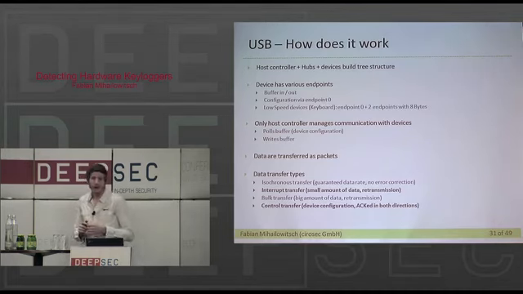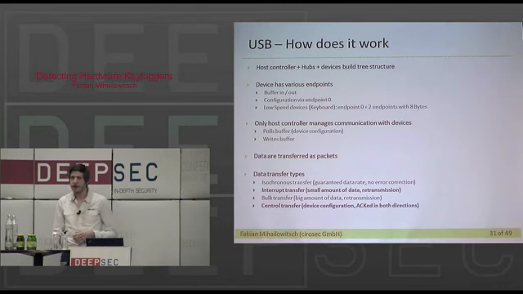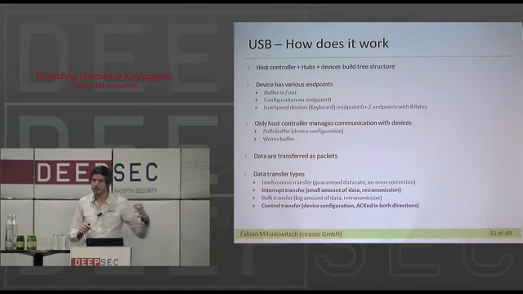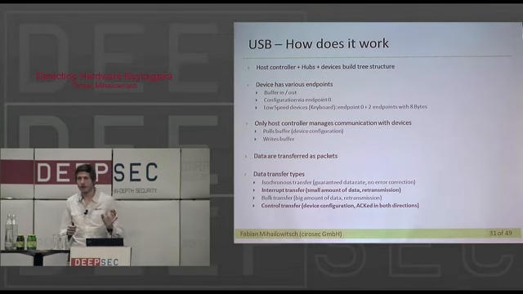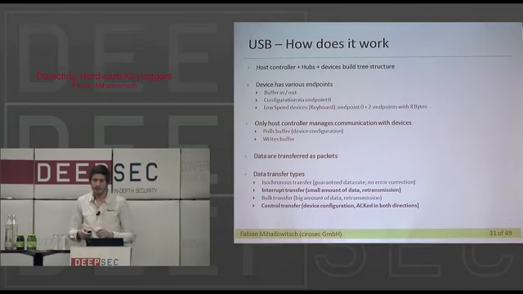And they are used for a small amount of data, and retransmission is supported by USB. Once the packet is lost or anything happened, it is retransmitted 3 times. And then you have like the control transfer, which is used to set or get the device configuration. And the cool thing about it, we will see later, is it is acknowledged in both directions.